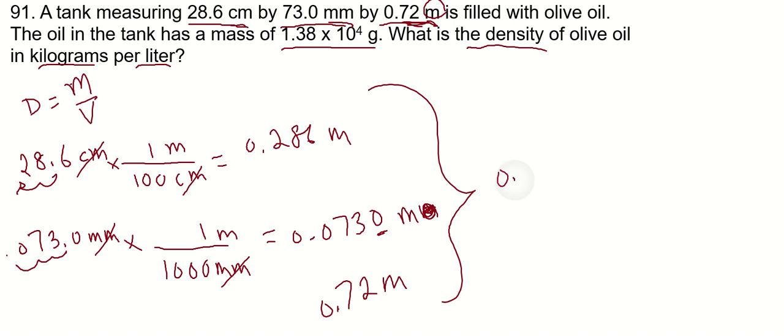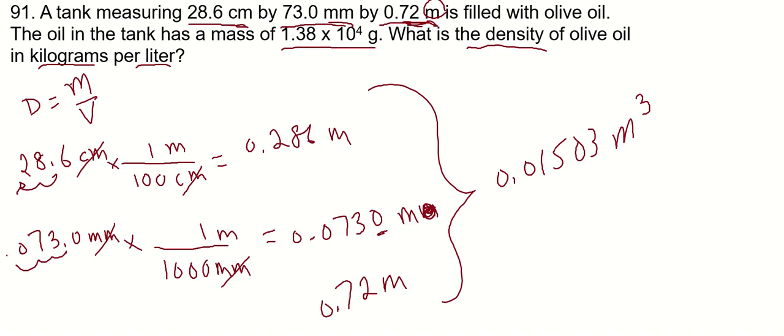So that is going to be 0.01503216. I'm not going to write all those digits. We're not going to need it. But you shouldn't round here. You should round at the very end when you have to, because all we're doing is multiplying and dividing. And that's going to be meters cubed, because we just did meters times meters times meters.